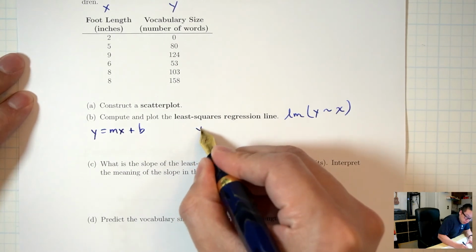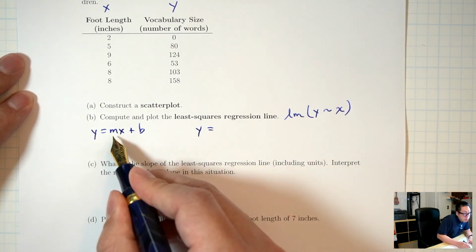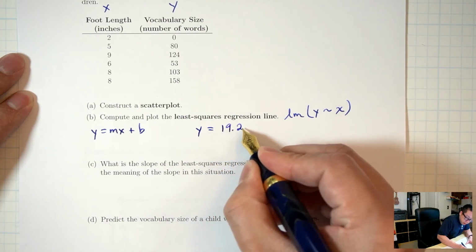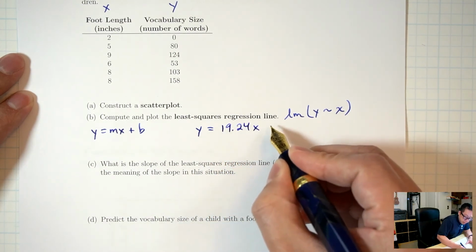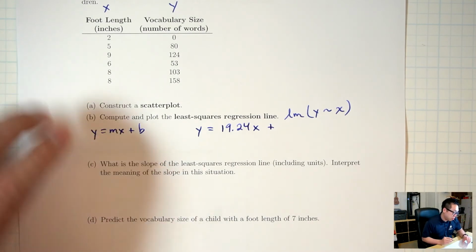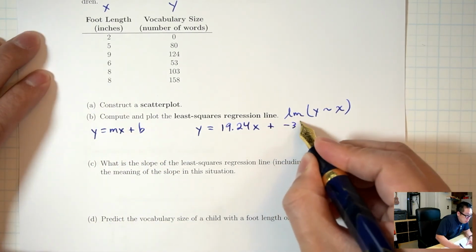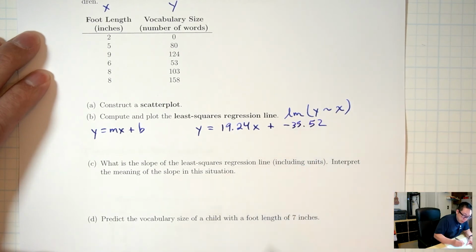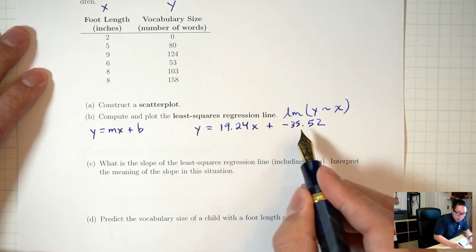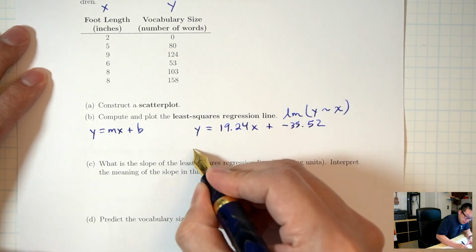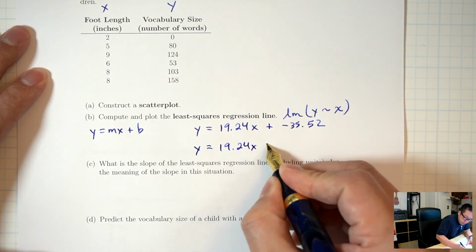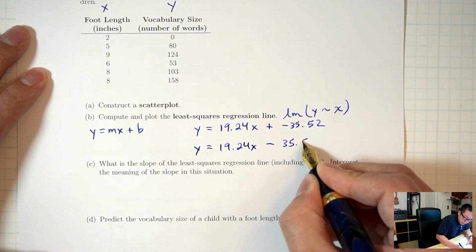So our equation is y equals, the slope is the second number, it was 19.24. Okay, don't forget the x. Plus the y-intercept was the first number, negative 35.52. Okay, you can leave it like that, but a better way to write plus negative is to say minus. So let me clean that up. So 19.24x minus 35.52.